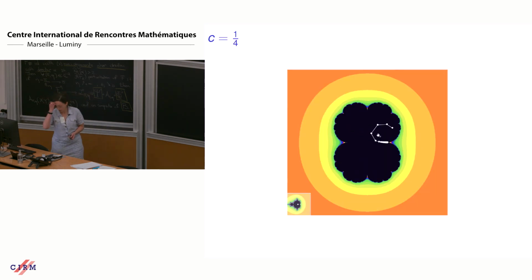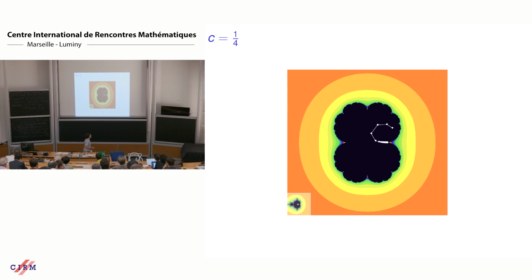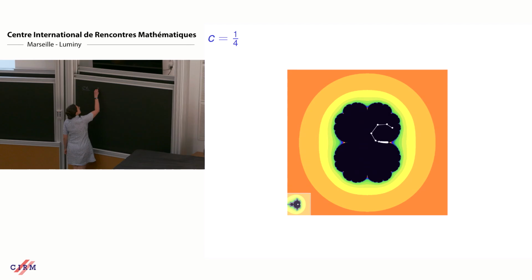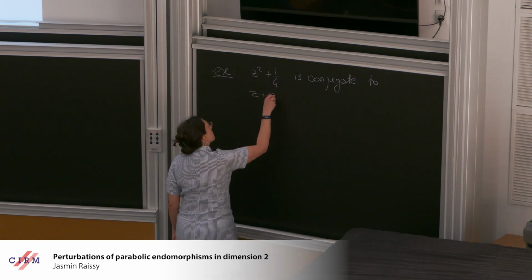The cusp is C equals 1/4. So, exercise: Z squared plus 1/4 is conjugate to Z plus Z squared.